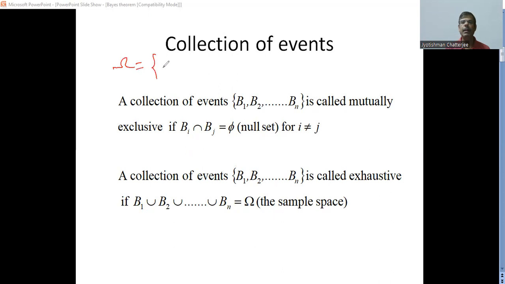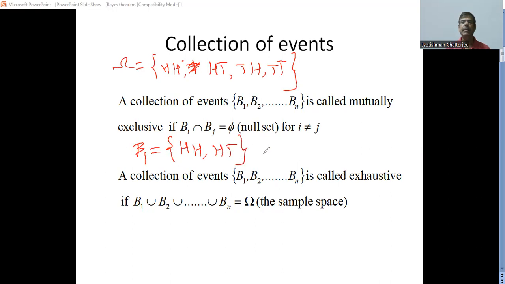Same omega: HH, HT, TH, and TT. Take now B1 equal to HH, HT, B2 equal to TH, and B3 equal to TT. What happens to this collection?